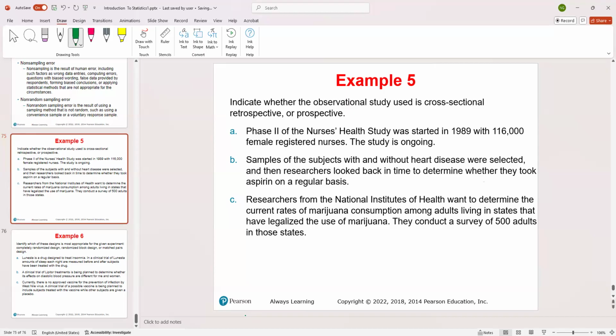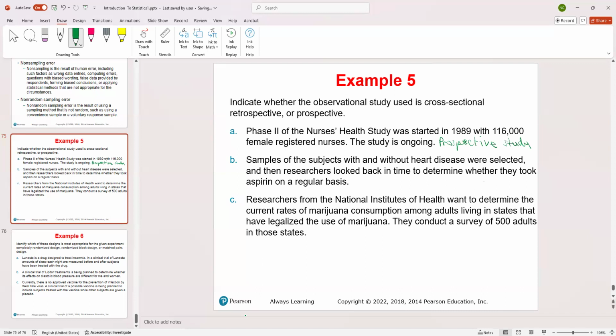Yes, because the study is ongoing, it's prospective. Prospective study, right? Remember, we said in a prospective study, data are collected in the future from groups that share common factors.